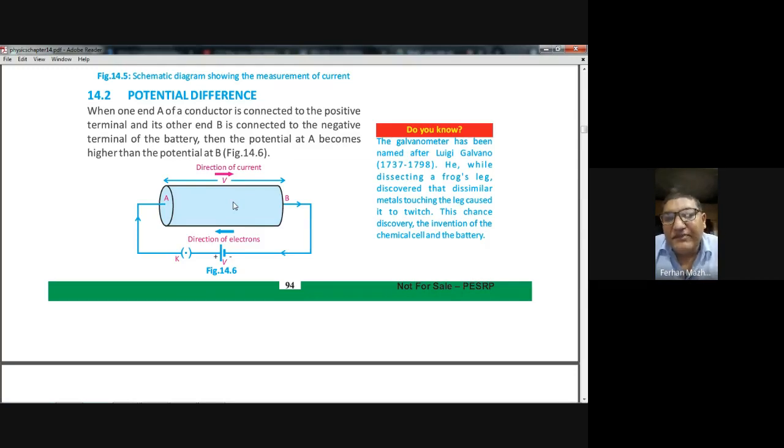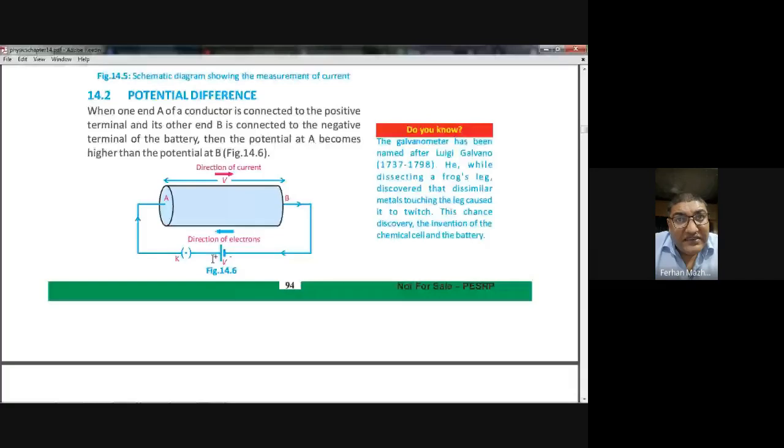Resistor means something which is using the electric energy. And then the current will come back. The current is basically the flow of charges, and in our course we consider this to be the flow of positive charges.